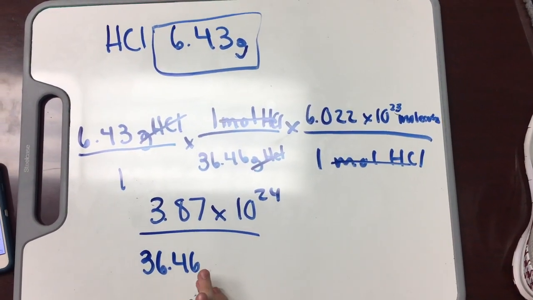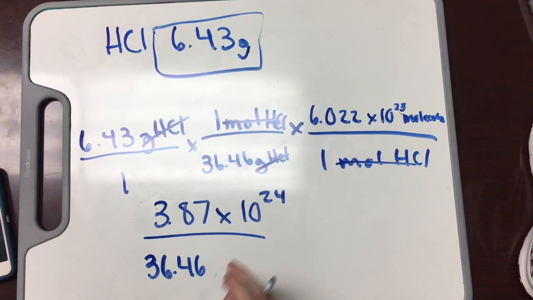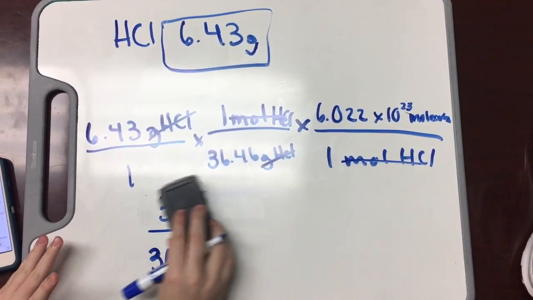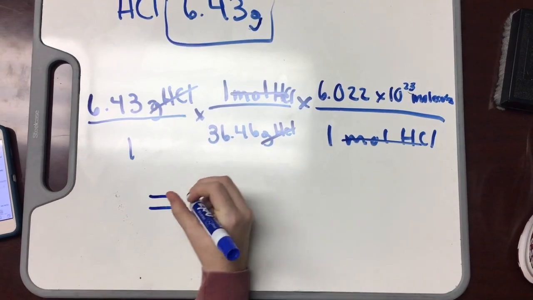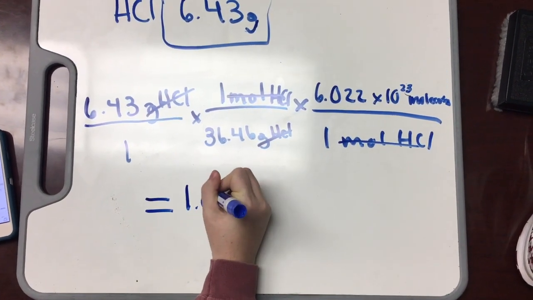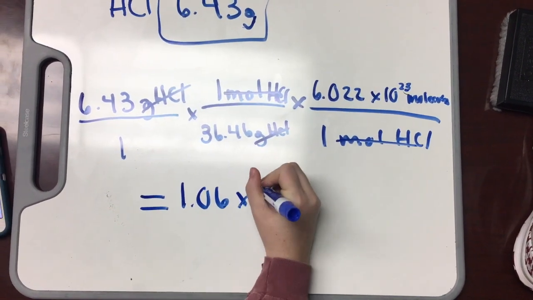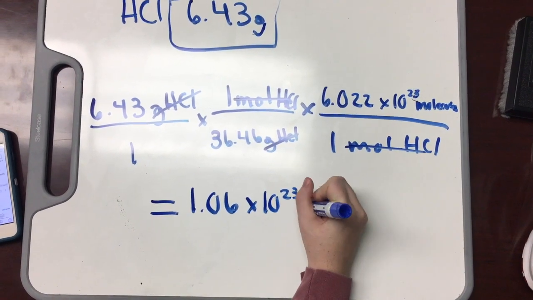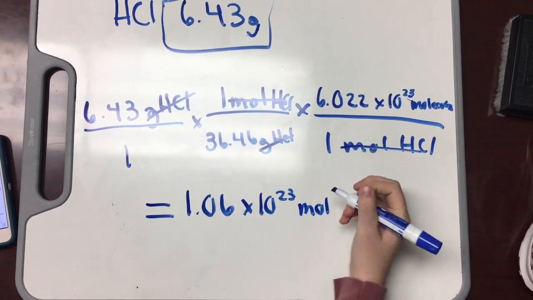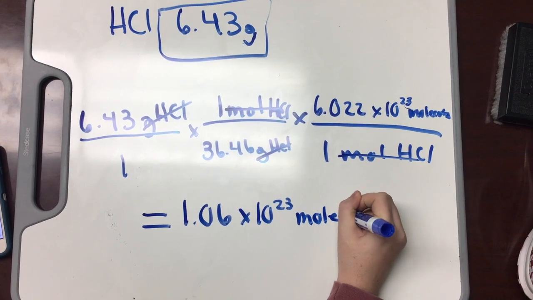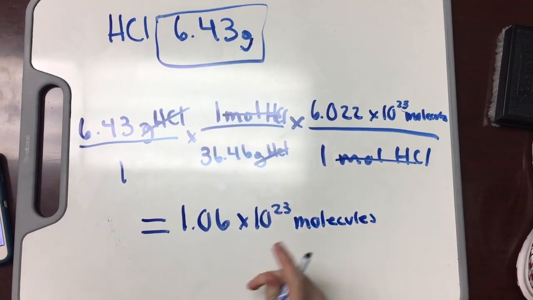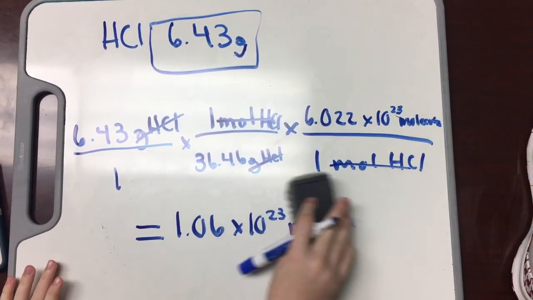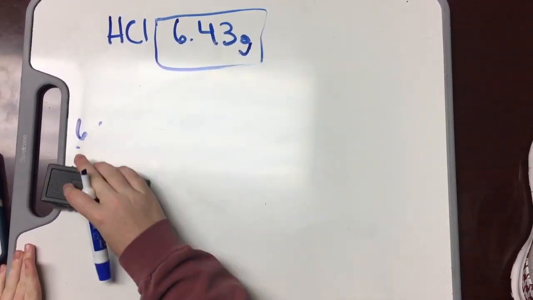Okay, so then you're just gonna divide, and your answer for the problem is going to be 1.06 times 10 to the 23rd molecules. And make sure you put the molecules, because if you're taking a test or anything, you're gonna get points taken off. So now we're gonna do an overview of what we did.